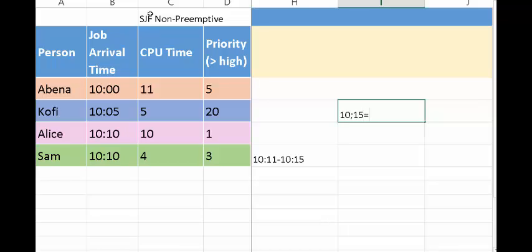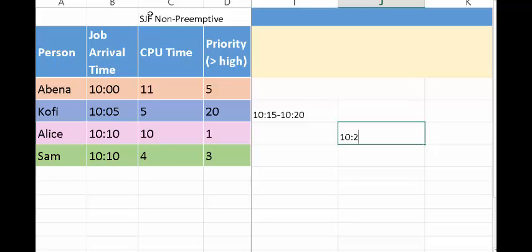He's going for 5, from 10:15 to 10:20. And then you also have Alice, who wants to go for 10. She goes from 10:20 to 10:30.